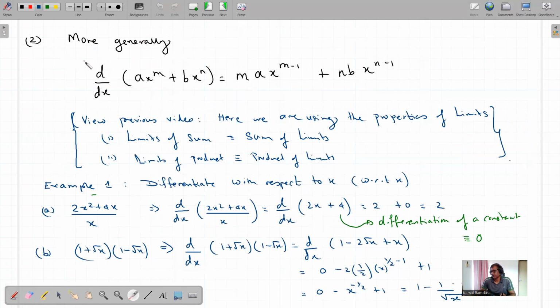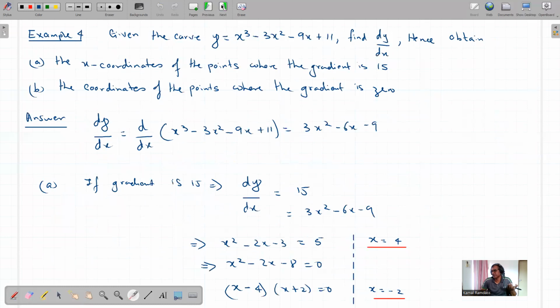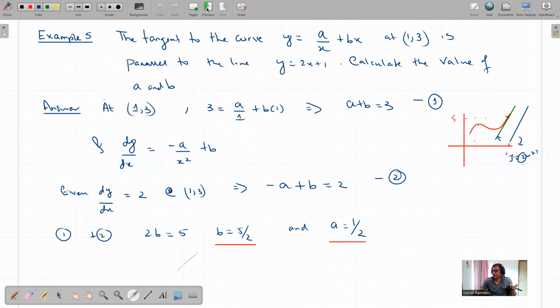Et so, extended form, dy by dx de a times x to the power of m plus b times x to the power of n is equal to ma x to the power of m minus 1 plus nb x to the power of n minus 1. Ça veut dire, on a deux general formulas pour the derivative of polynomial pour faire différentes questions de nature variée.